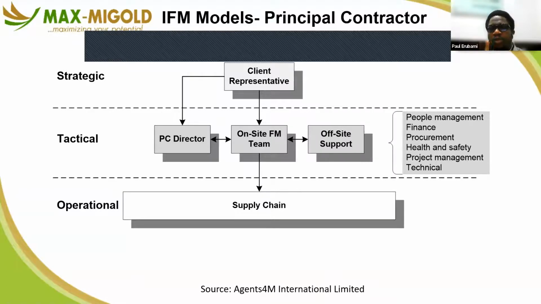So the principal contractor now becomes the single point of accountability for all my services. If a subcontractor misbehaves in the IFM managing agent approach, that subcontractor is my subcontractor. The managing agent will have some performance issues to deal with if there are failures, but the fact that these guys are still my contractors, I take the risk.